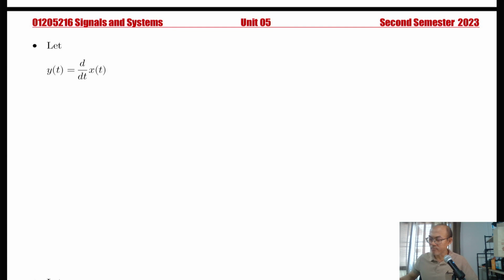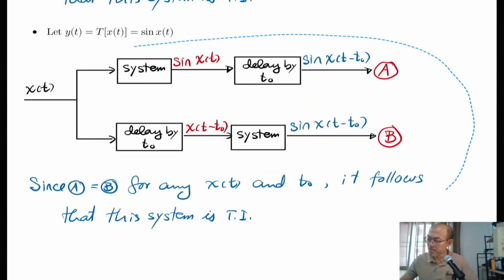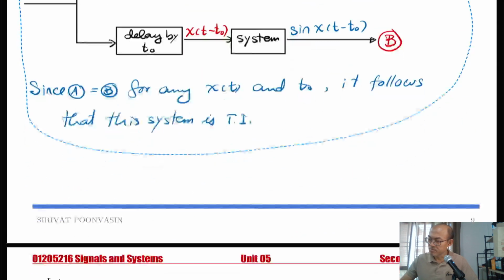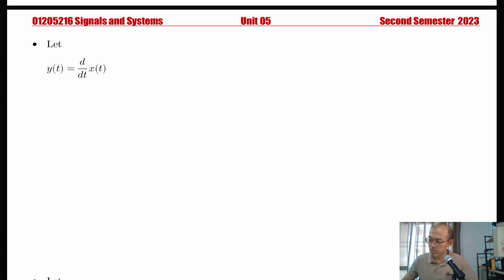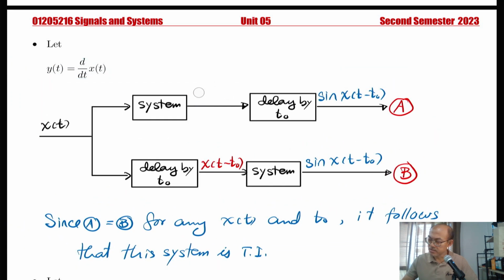Now let's look at another one. I also suspect that the system in the next example is time invariant. So I'm just going to copy this over to save time. Only these things change. In the upper path, I put x into the system.